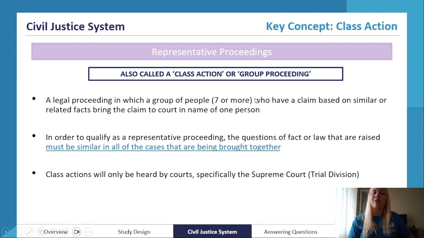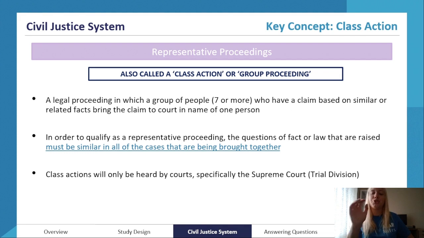So we said in order to qualify as a representative proceeding, the questions of fact or law that are raised must be similar in all of the cases that are being brought together. So the same type of civil wrong must have occurred to all of these people by the same defendant, presumably so. And class actions are only heard in courts. You can't go with a class action to like VCAT or something.